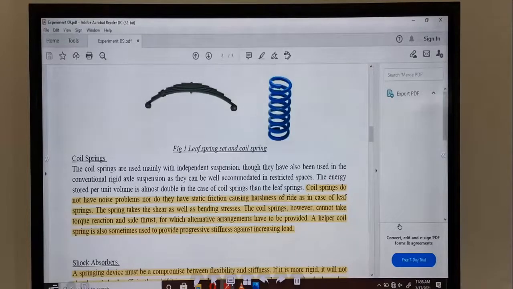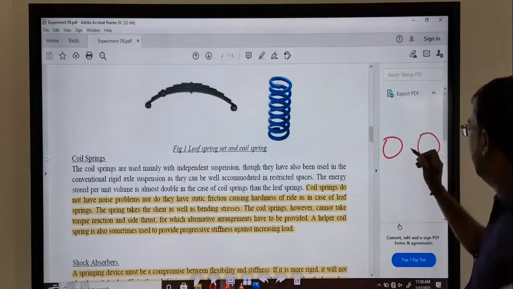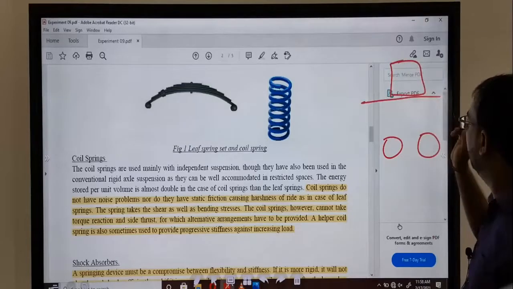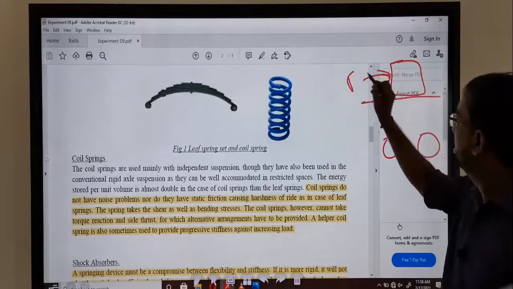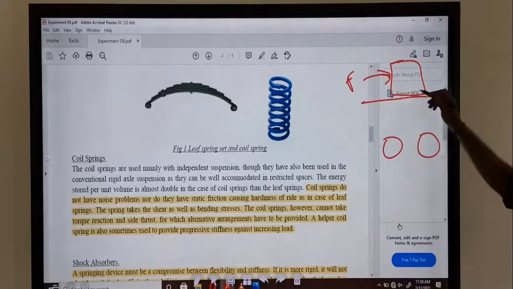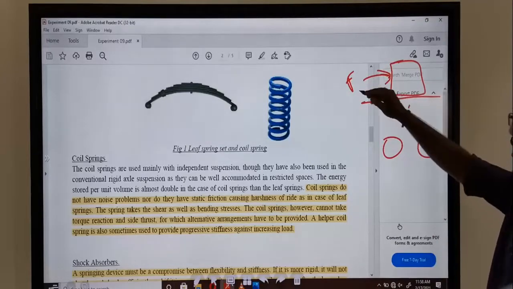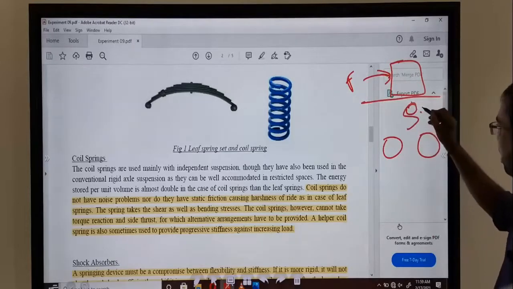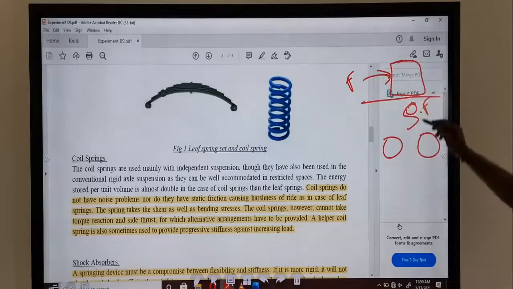Static friction: there are two types of friction, kinetic and static. There is a mass, you already studied, I think. Give it a force F. On a particular surface the mass has a high static friction value.